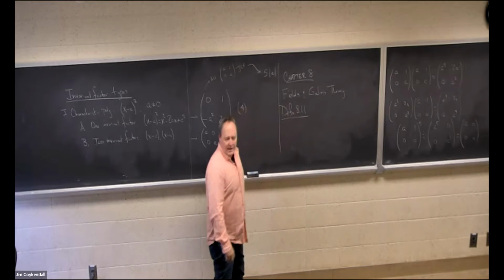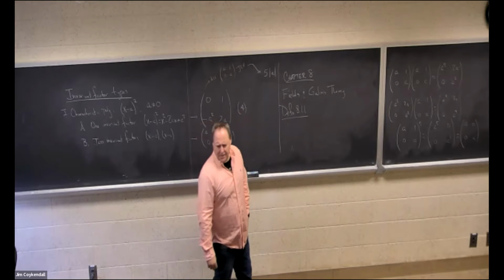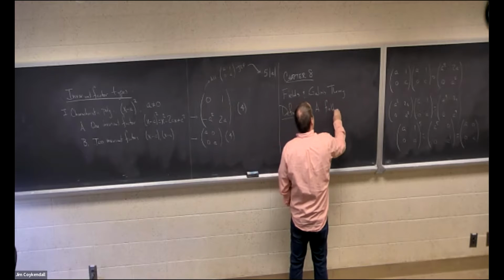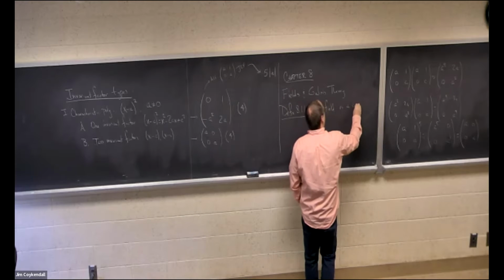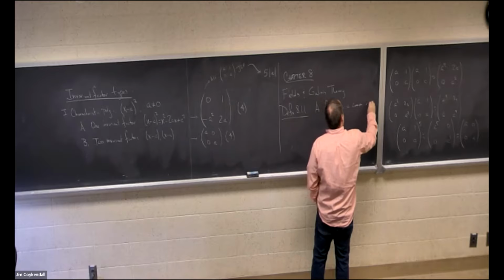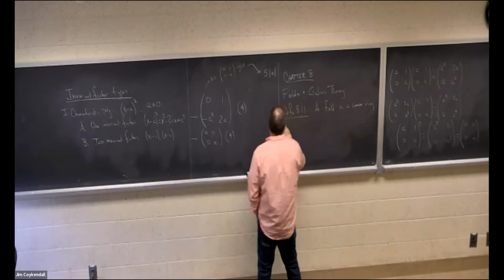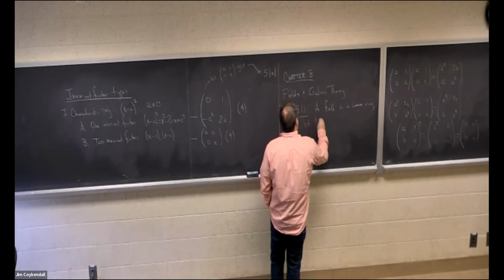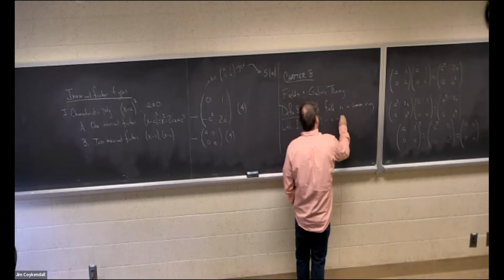So from the point of view of ideals and stuff like that, fields are boring. A field is a commutative ring with identity such that 0 is a maximal ideal.